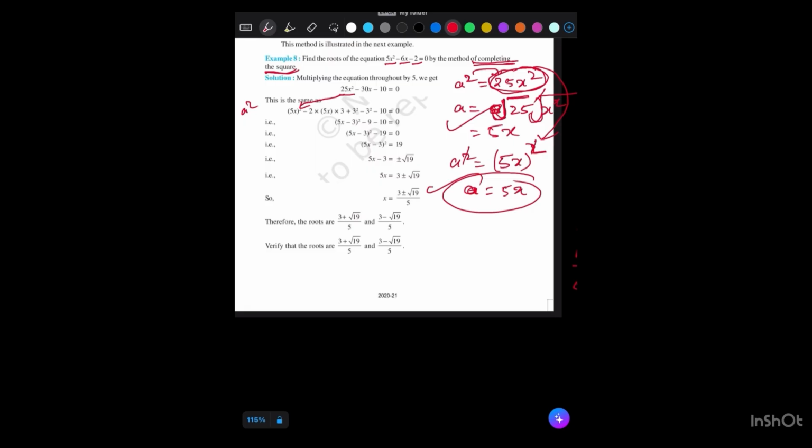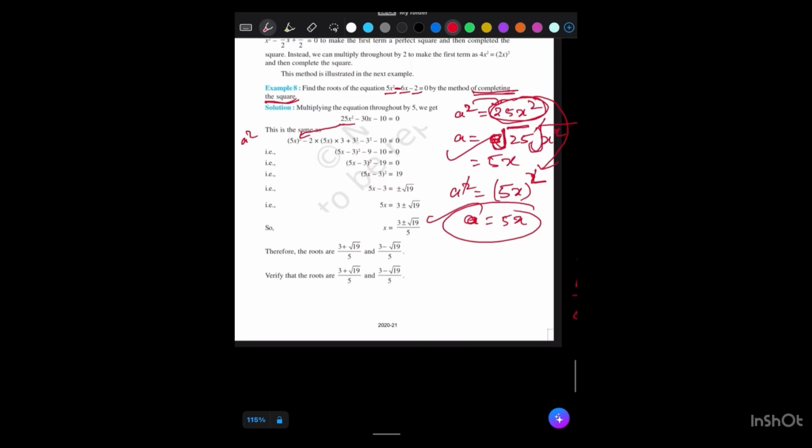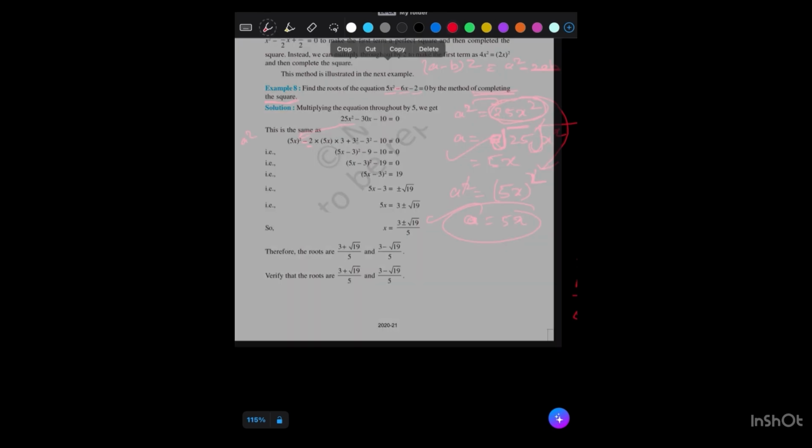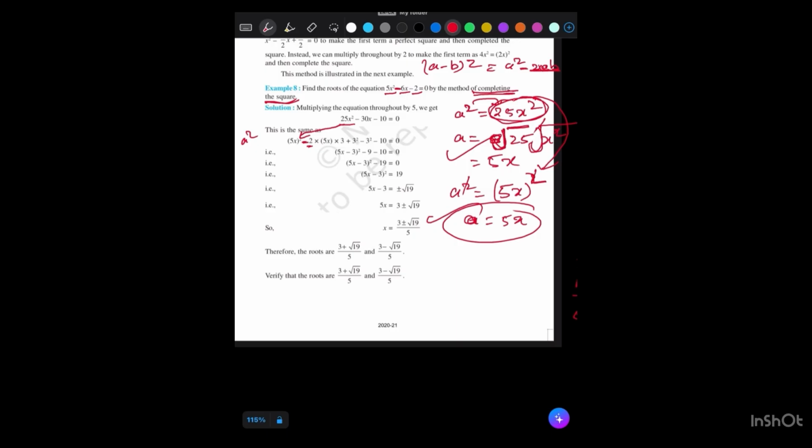Then we have a minus here, which means we need to follow the a minus b the whole squared formula. Because of the minus, we have put minus. What is the formula? a squared minus 2ab, right? We have put minus here, 2, yeah, we wrote 2 here, multiply, and we have a here. So what is the value of a? 5x, right?